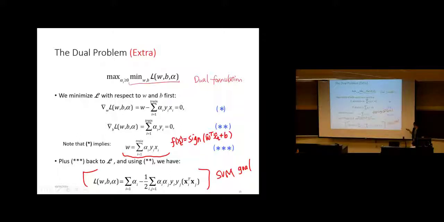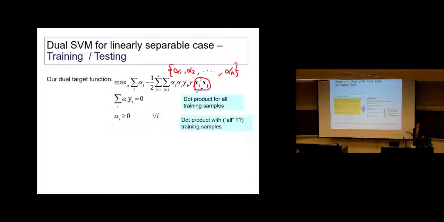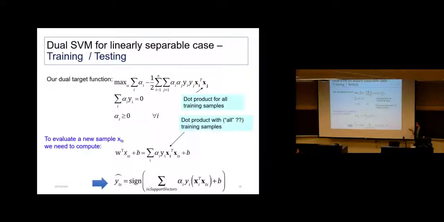Very simple. You substitute W into here, and what you get is the summation of all alpha i y i x i transposed times the specific test sample, which is exactly here. Any questions about this? This is called the dual form for linearly separable SVM.